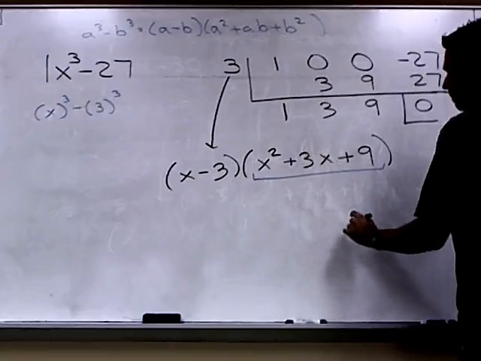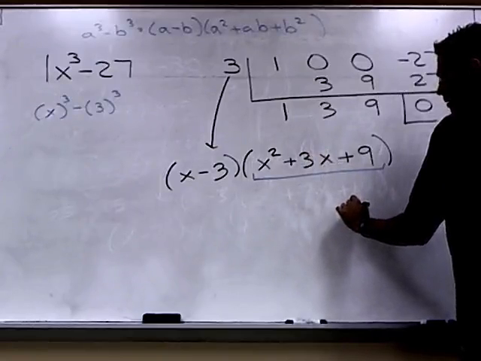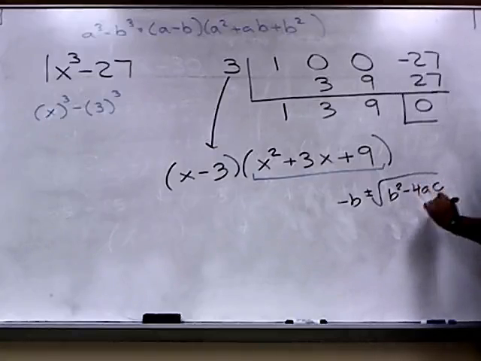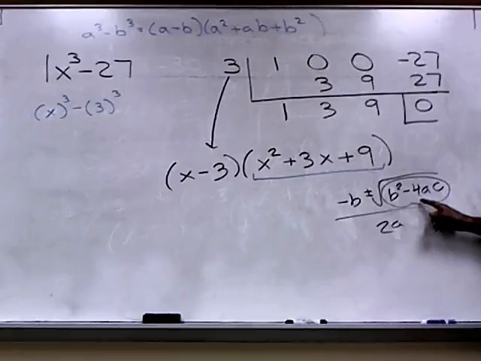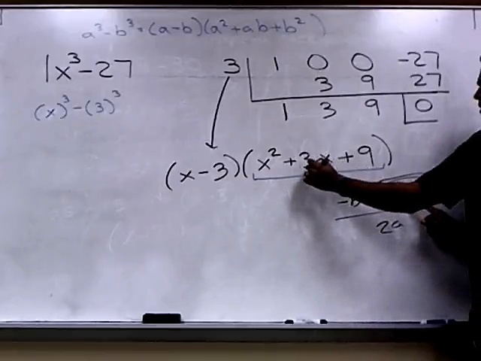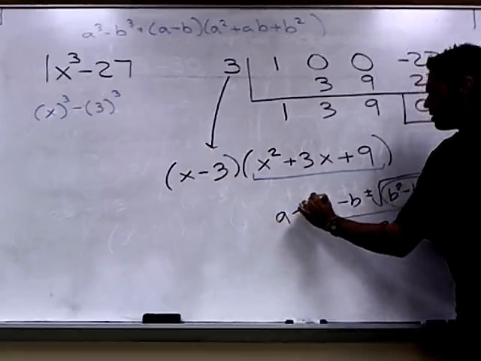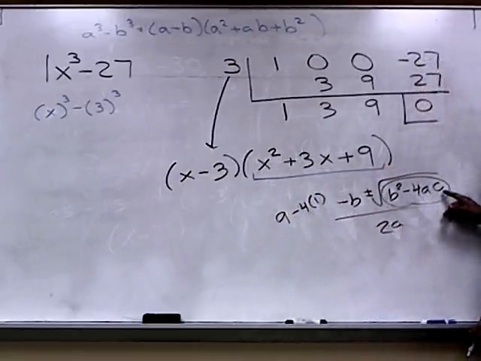What you could do is, remember the quadratic formula we had? Negative b plus or minus square root of b squared minus 4ac, all over 2a. This piece underneath the root is called the discriminant. If you just look at the discriminant, that would be b squared, 3 is b, so squared you get 9, minus 4 times a, which for us is 1, times c, which for us is 9.